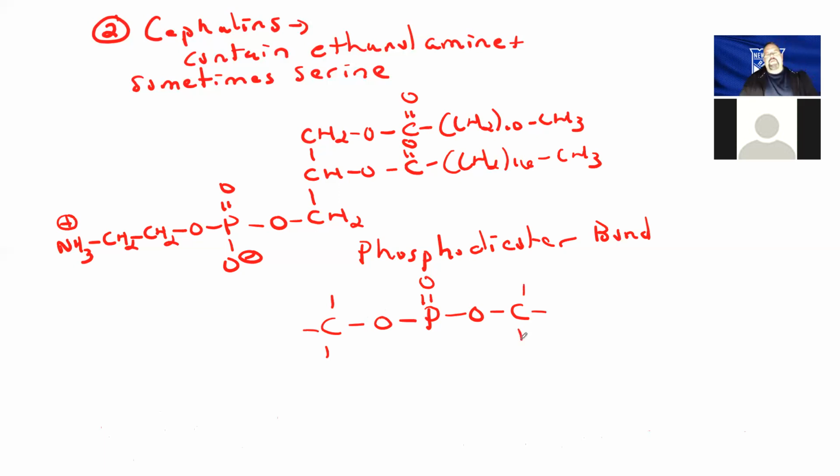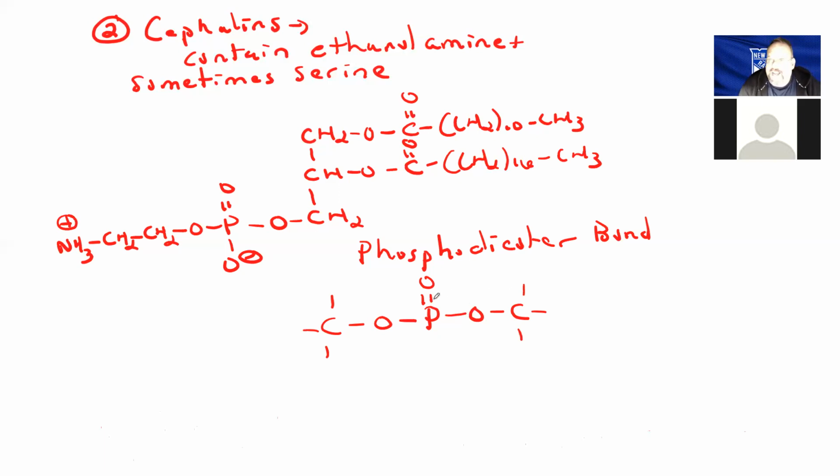If you think about esters, for an ester, we know that you have C double bond O connected to OC. Well, similar to that, there are what are known as phosphate esters. For a phosphate ester, instead of having C double bond O connected to OC, you have P double bond O connected to OC.